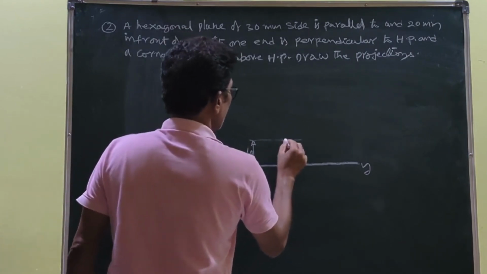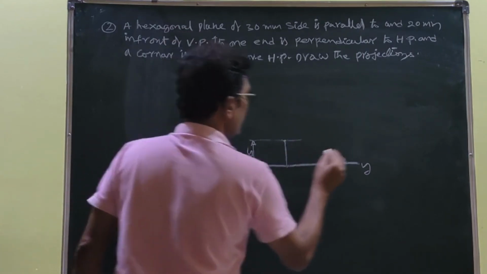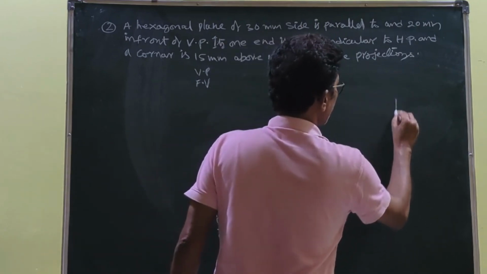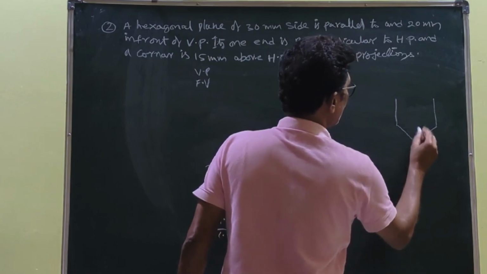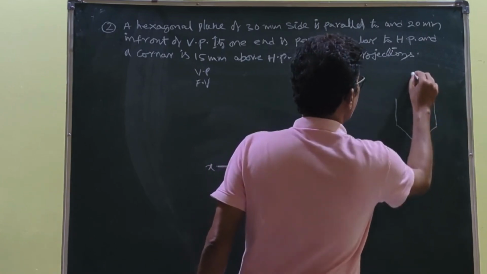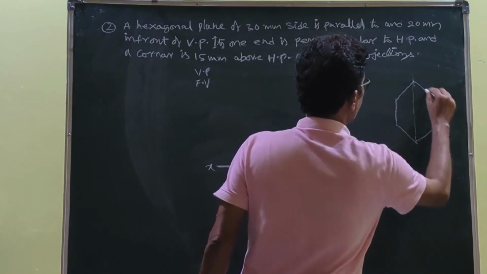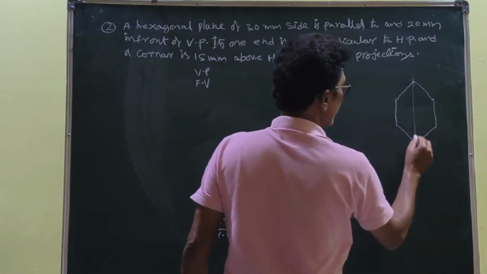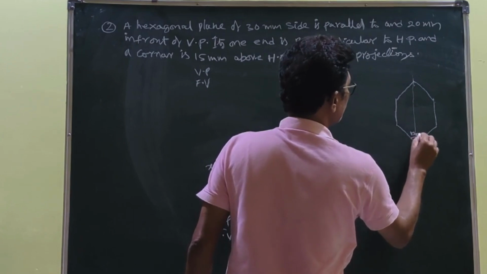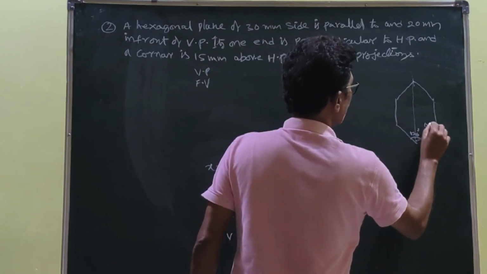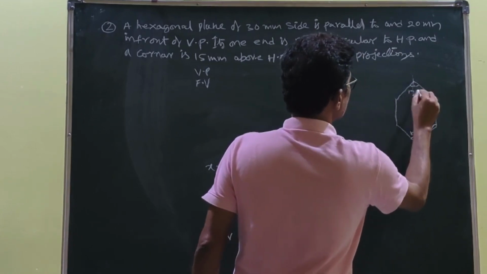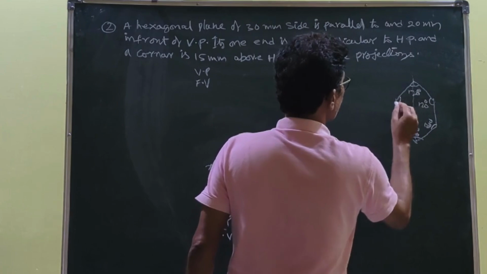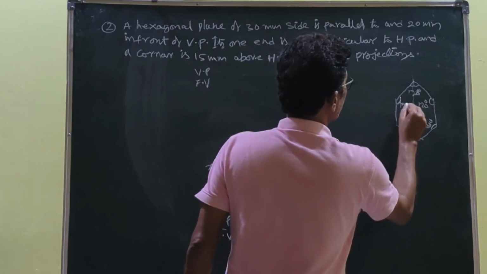You know that this is the hexagon. This six-sided hexagon means this is 120 degrees, this is 120 degrees. You understand and remember that: all sides, all interior angles are 120 degrees.